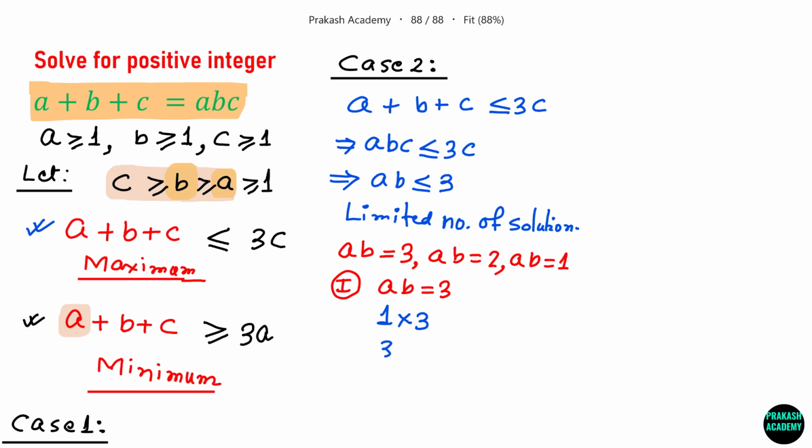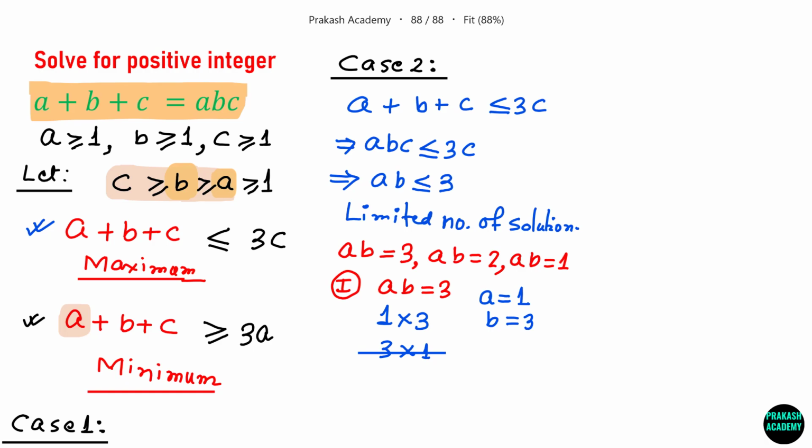Basically 3 into 1 is not possible because we know that B is greater than A. So this is not a possible solution. We have only one possibility, 1 into 3. So in this case A equals 1 and B equals 3.